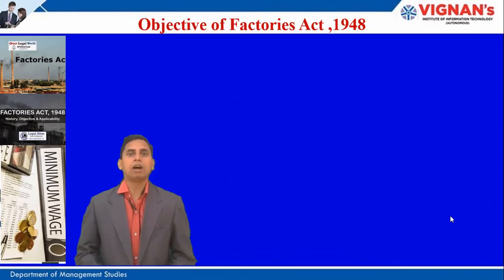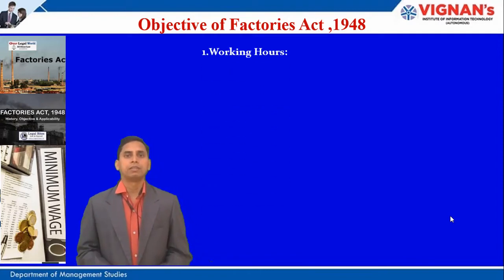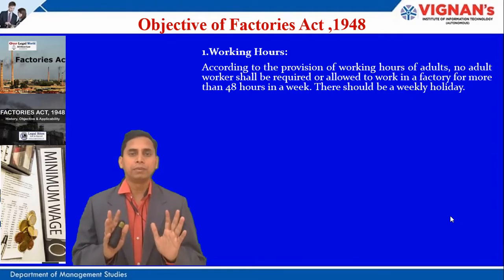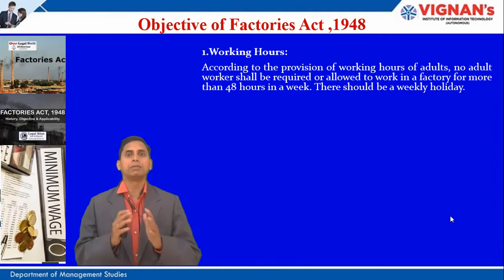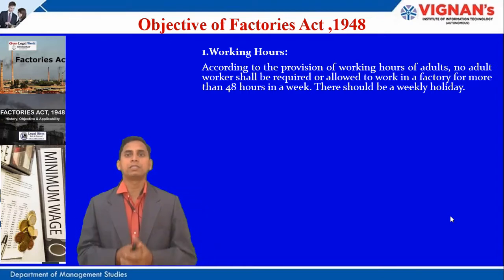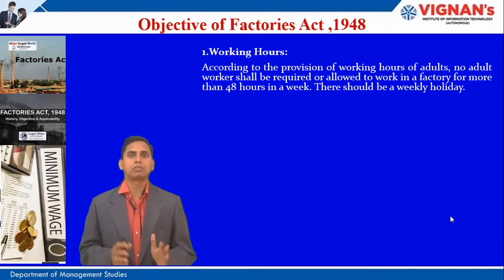Now let's see the objectives of the Factories Act. What is the main objective? The first objective is related to working hours: how many hours a worker needs to work, and not more than that. According to this provision, adults working in factories have been given a maximum number of hours.